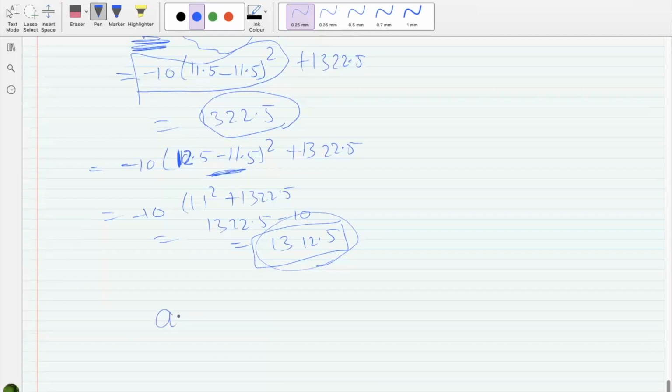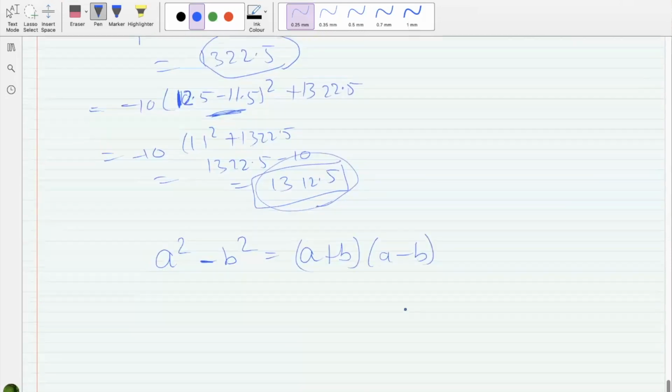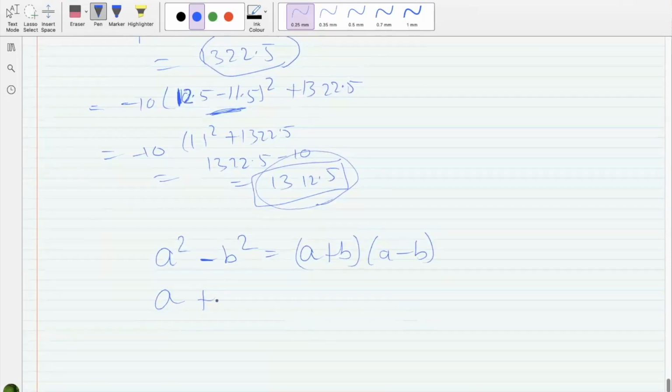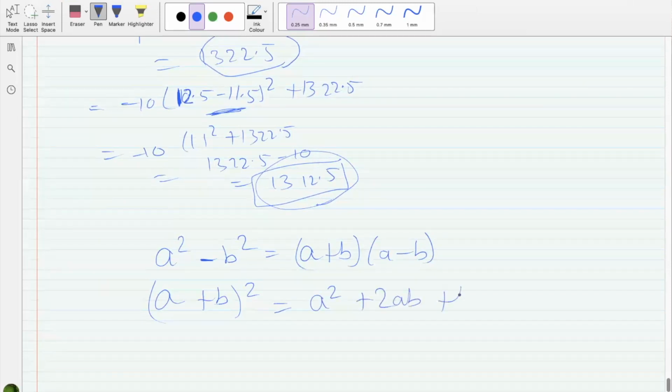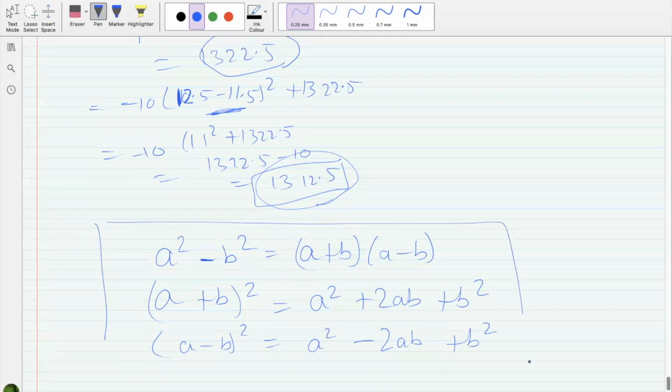They were: a square minus b square equals a plus b into a minus b. Second was a plus b whole squared, which is a square plus 2ab plus b square. Third one was a minus b whole square, which is a square minus 2ab plus b square. So these were the algebraic expressions.